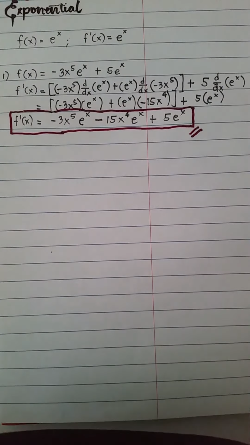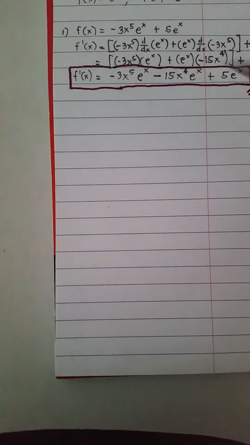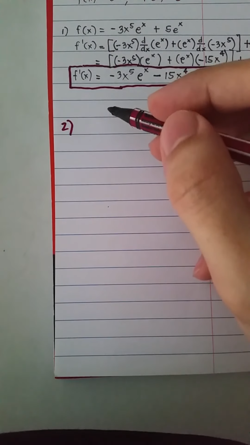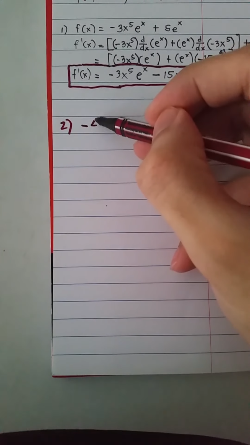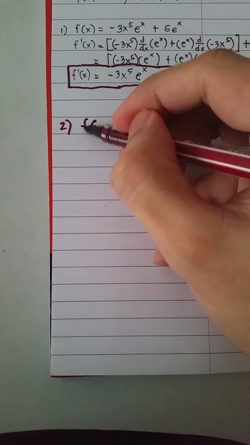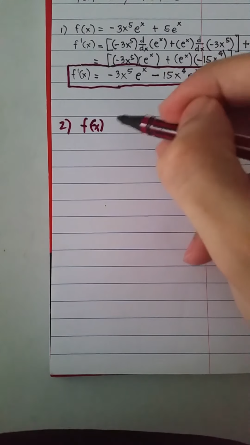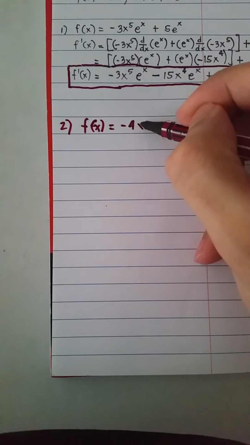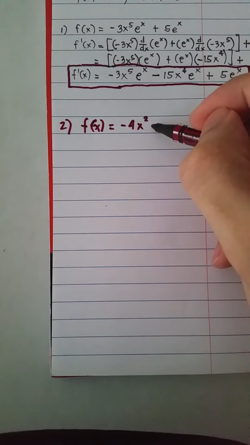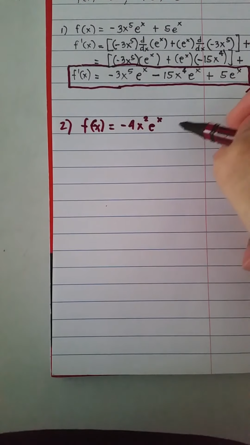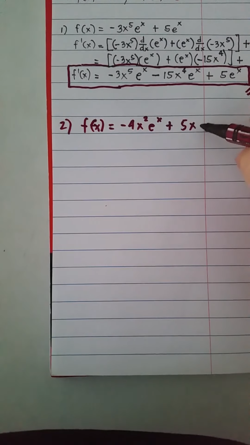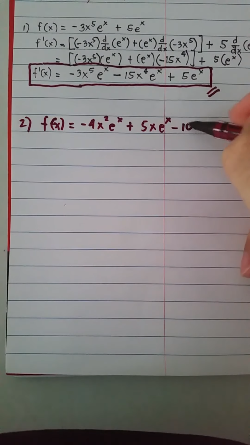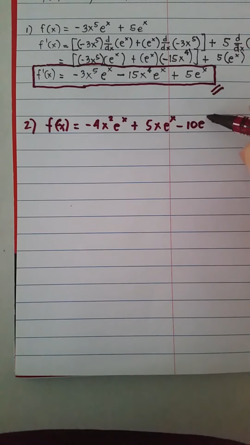Okay, let's have another example. Okay, suppose we have f of x equals negative 4x squared e to the x plus 5x e to the x, and then we have minus 10 e to the x power.